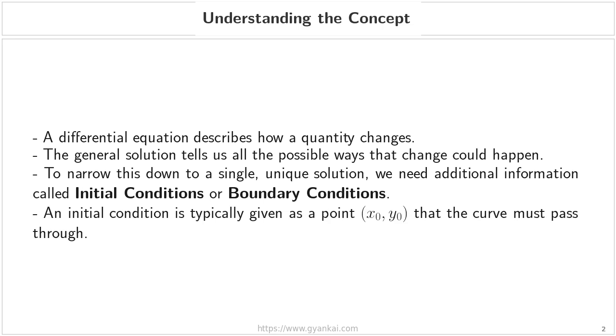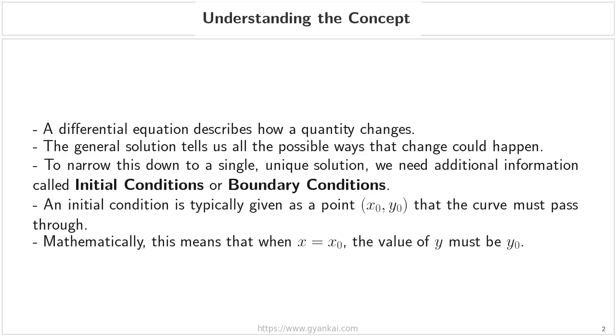An initial condition is typically provided to you as a specific point, which we can denote as (x0, y0), representing a point that our curve must pass through. Mathematically speaking, this simply means that when the value of x is equal to x0, the corresponding value of y must be exactly equal to y0.